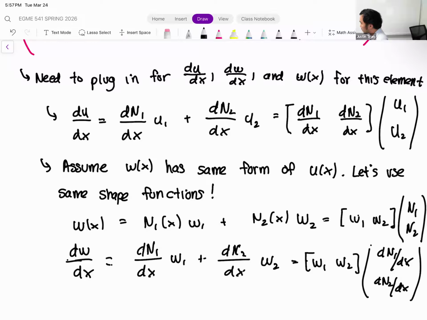Now, you might be wondering, if you compare our vector expressions for dw/dx and du/dx, you can see that I've swapped the two vectors. For du/dx, I have the shape functions as our row vector, but for our weighting function, the w coefficients, w1, w2, are our row vector instead. Now, this is just convention.